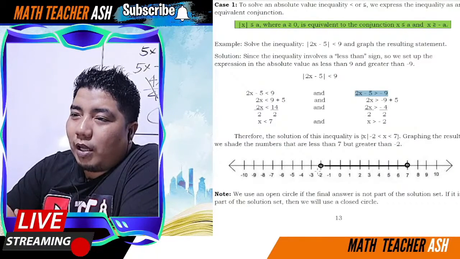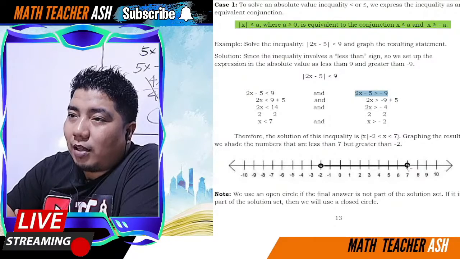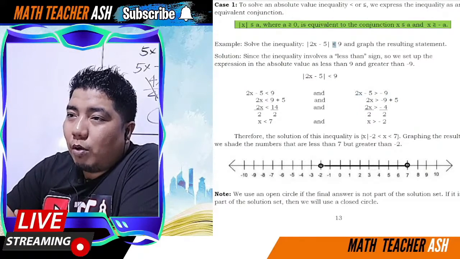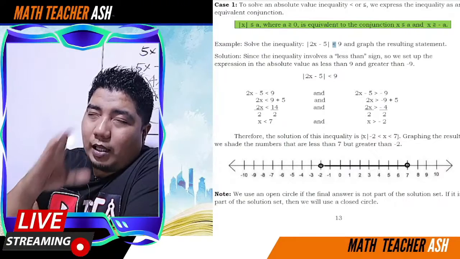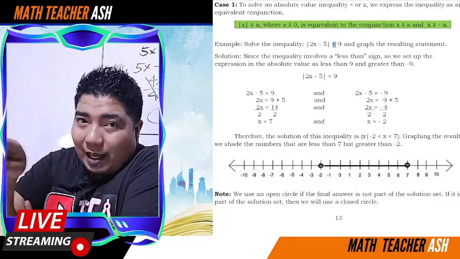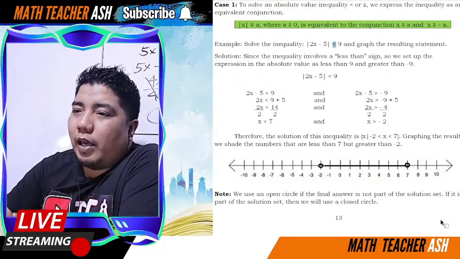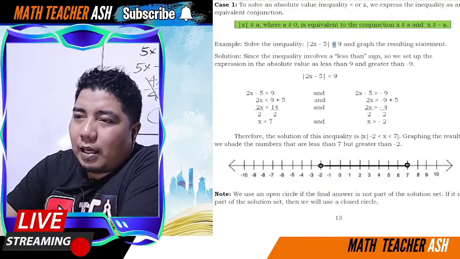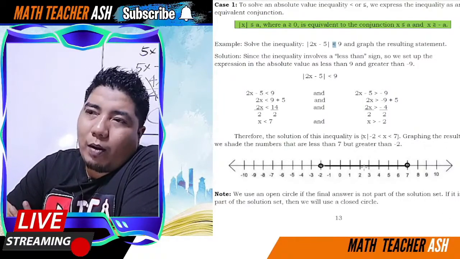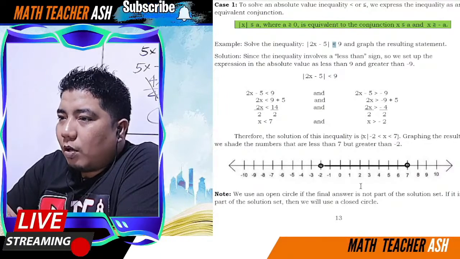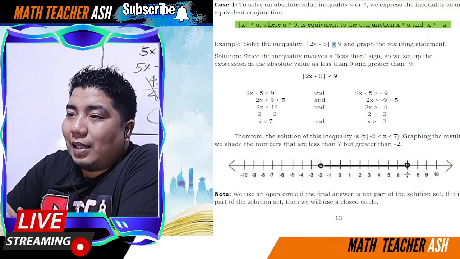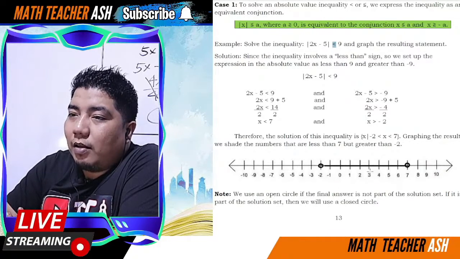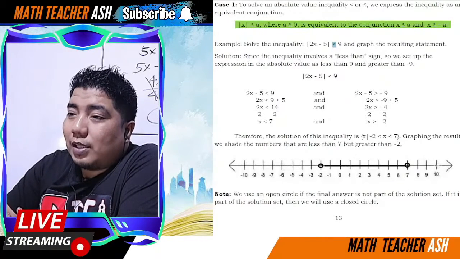So, if you put a hollow dot there, why hollow dot? Because the symbol is greater than or less than. Walang equal, walang yung line sa baba. Okay? Kapag mayroon yung line sa baba, magiging dark dot ito. Pero kapag wala, hollow dot lang tayo. Okay? So, you put a dot in negative 2 and you put a dot in positive 7. And then, you just graph.